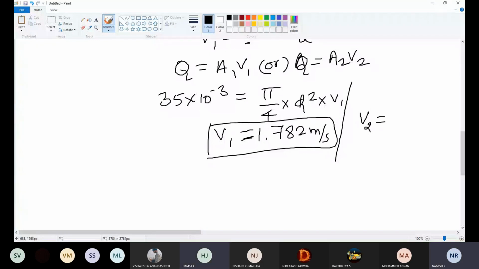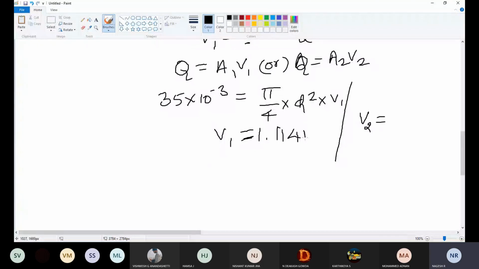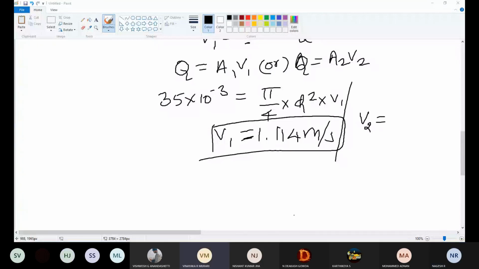What is the V1 value? 1.1148 meter per second. Then what is the value of V2? Mithun, what is the value of V2? One minute.